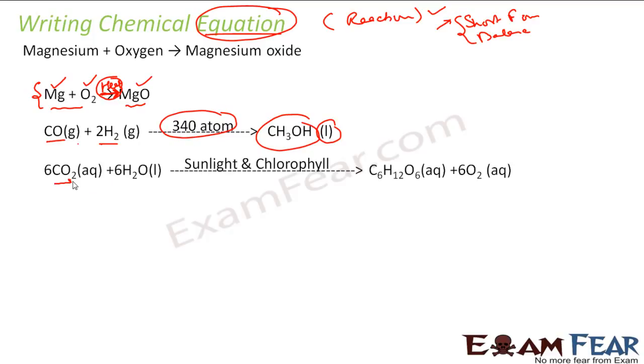For example, we have carbon dioxide with water, and we pass this with sunlight and chlorophyll. This is nothing but the photosynthesis process. We have carbon dioxide and water and sunlight and chlorophyll. You get this, and this is the aqueous solution, plus oxygen you get, which we breathe, right? We say that trees take carbon dioxide, and trees give oxygen, right? This is what happens in a tree. This is the process of photosynthesis actually.